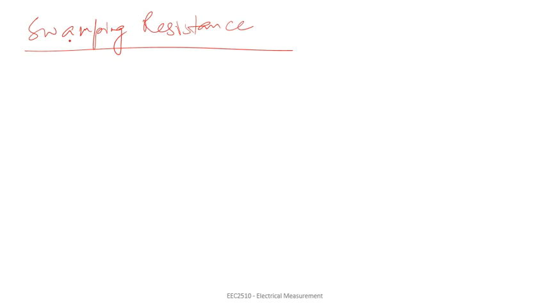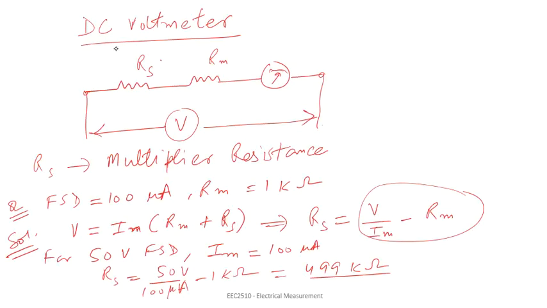Generally, when the instrument is being used as a DC voltmeter, we have already connected a series resistance with this moving coil. This multiplier resistance can act as a swamping resistance for the DC voltmeter, so there is no need to connect an extra resistance.